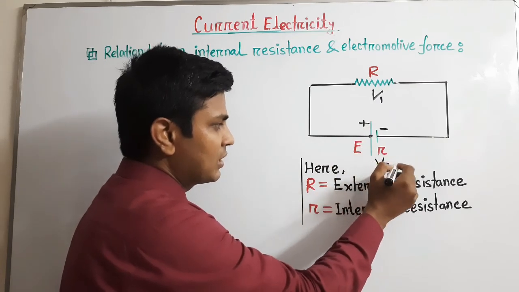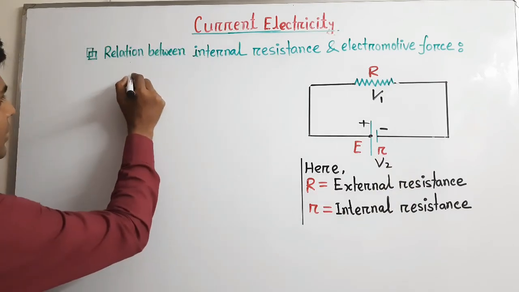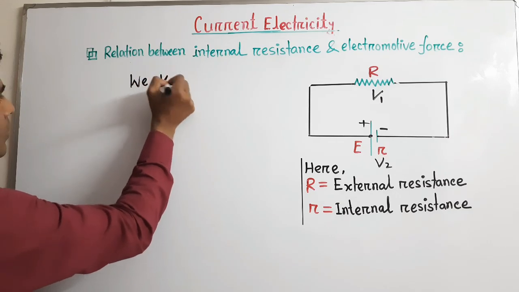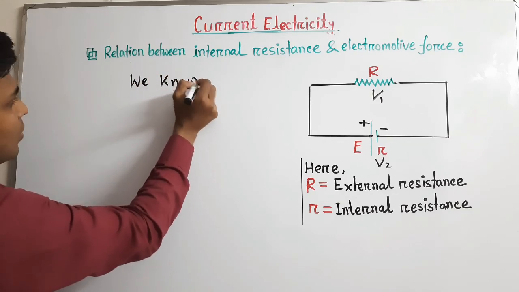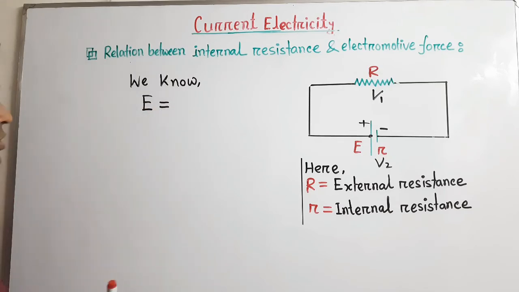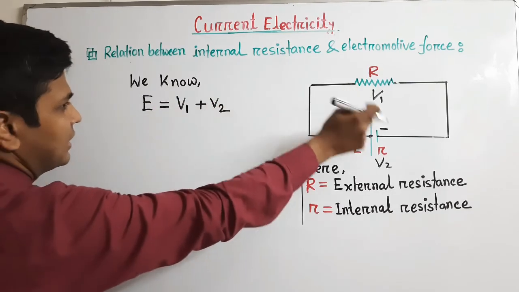Suppose this work done is V2. Now what will be the total work done? We can say here the total work done or the total energy will be equal to the summation of these two energies, V1 and V2.